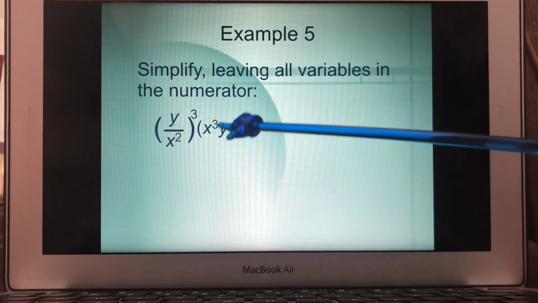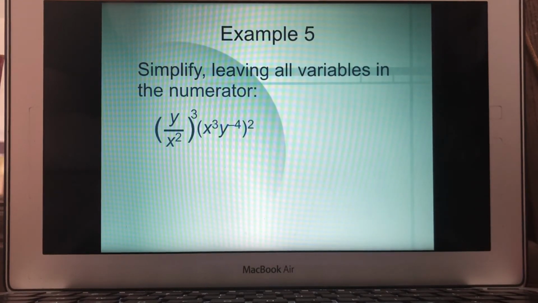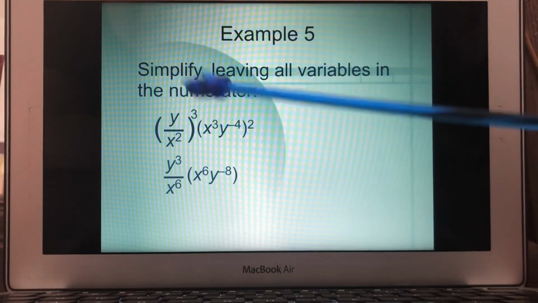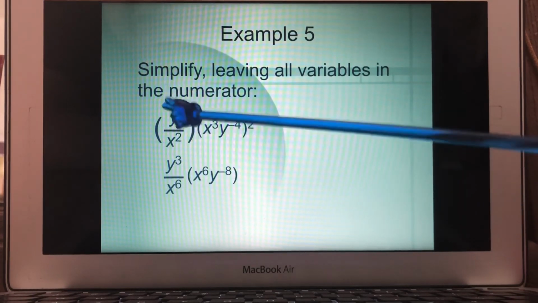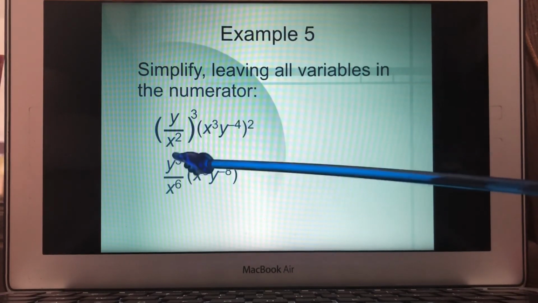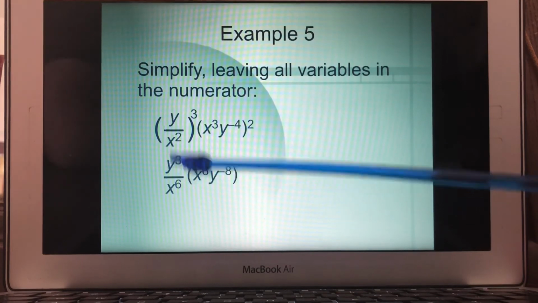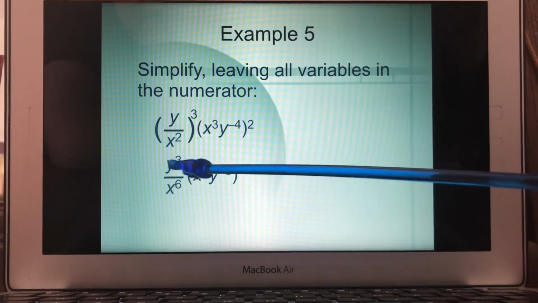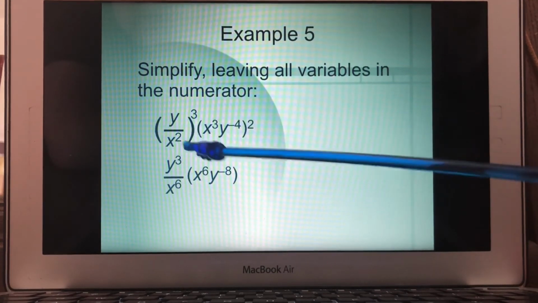Okay, so we've got several terms here. We're going to have to look at them one by one. Okay, first, well, if you simplify each term, this term right here, y to the cube power, or y to the third power, I have y cubed. X squared now, that's also cubed because that's inside the parentheses.